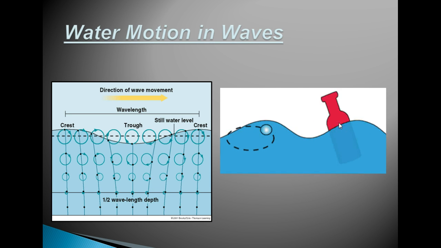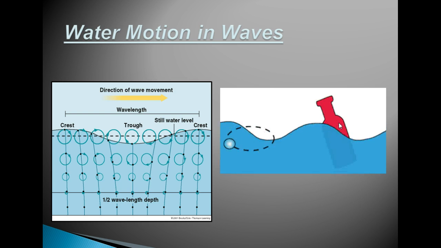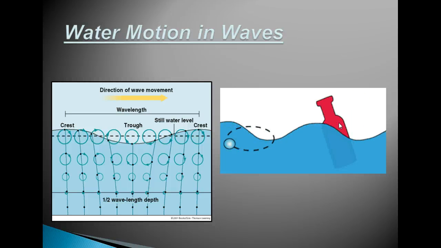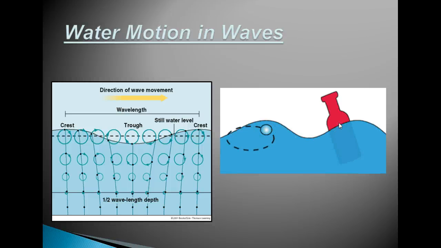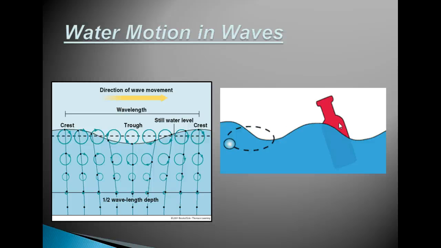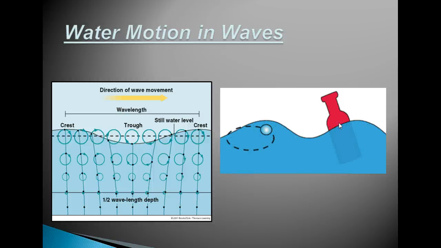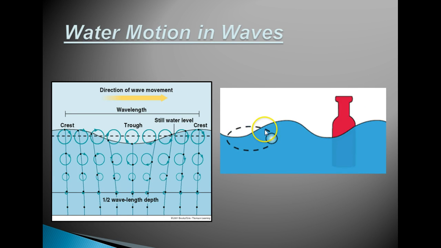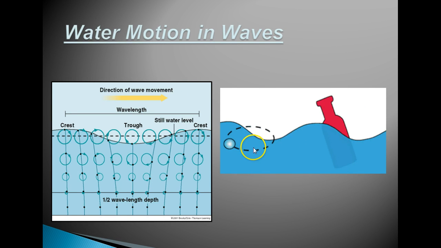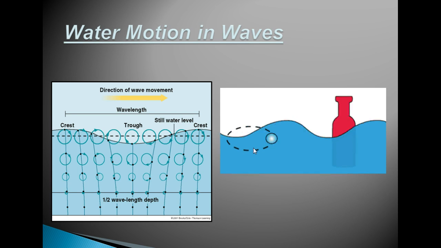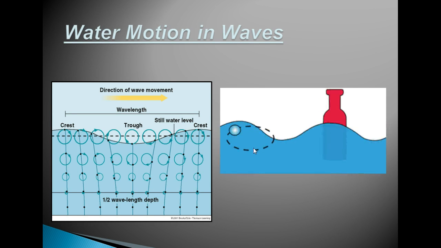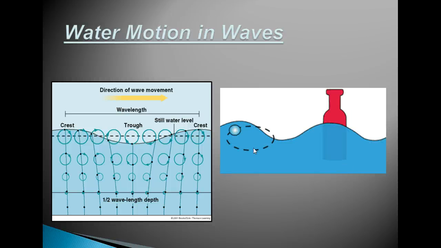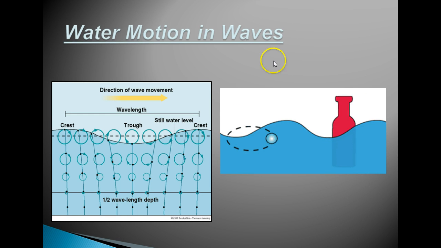Write that in deep water, a wave is a forward motion of energy, not water. And in fact, the water does not even move forward with the wave. Now, if we follow this single drop of water, that's what we have here. If we followed a single drop of water during a passing wave like you see here, we would see it move in a vertical circle like you're seeing it move here.